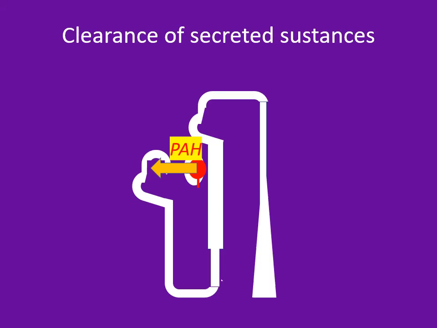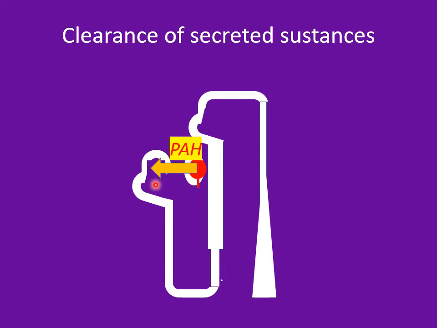And what is the clearance of a substance that is secreted in the nephron? For example, we have paraaminohippurate. Paraaminohippurate is a substance which is filtered into the nephron, and you know that only 20% of the blood is filtered, and the rest will remain and reach the veins.